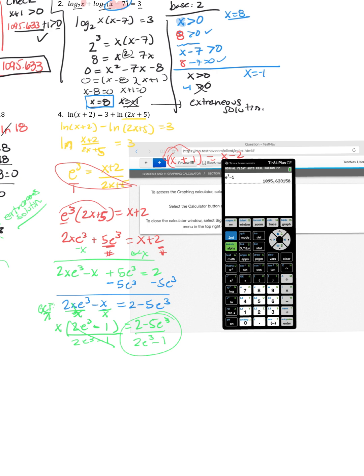You can use the fraction key, and you don't need the parentheses. Oops, I forgot to put parentheses on the bottom. 2 times e, again, always put in parentheses, minus 1, close your parentheses, and enter. So you get negative 2.512513. Okay?